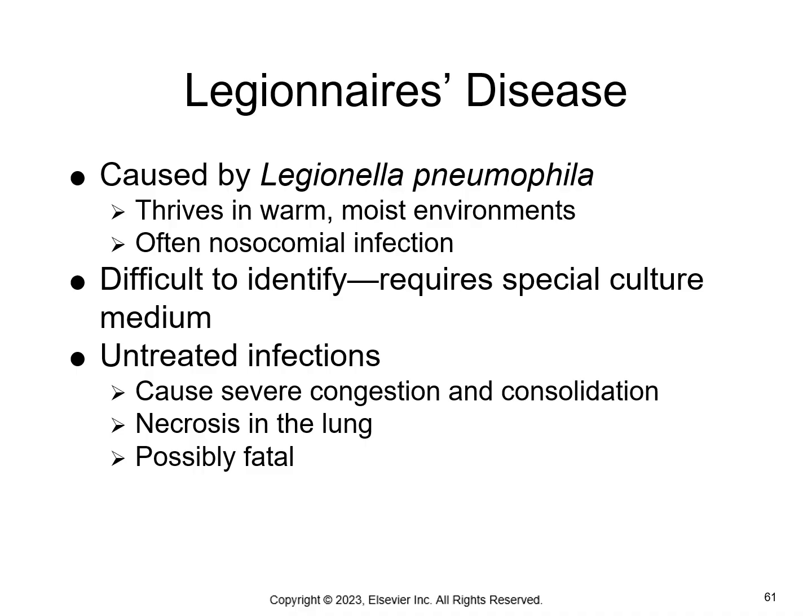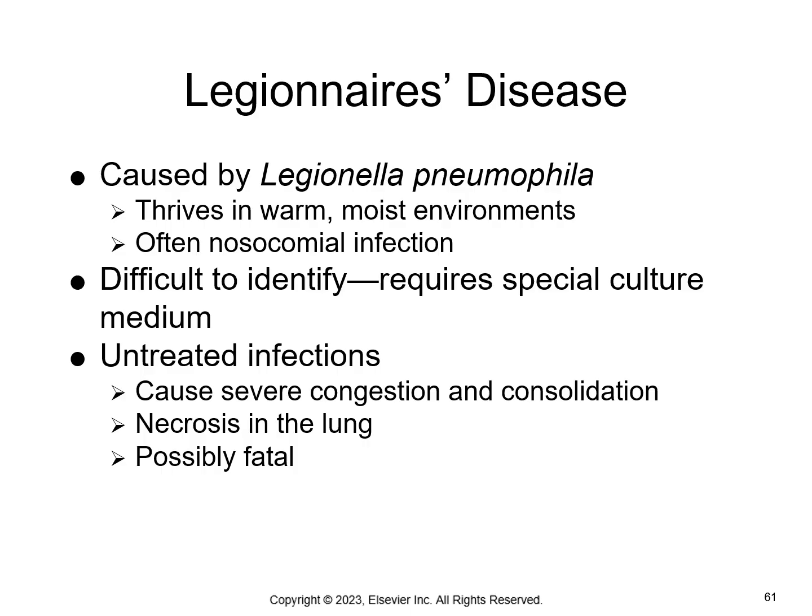Next is Legionnaires' disease. This is caused by Legionella pneumophila. It likes to live in warm, moist environments. It's often considered nosocomial. It is going to be in places that have poor air conditioning systems, leaky pipes, spas.